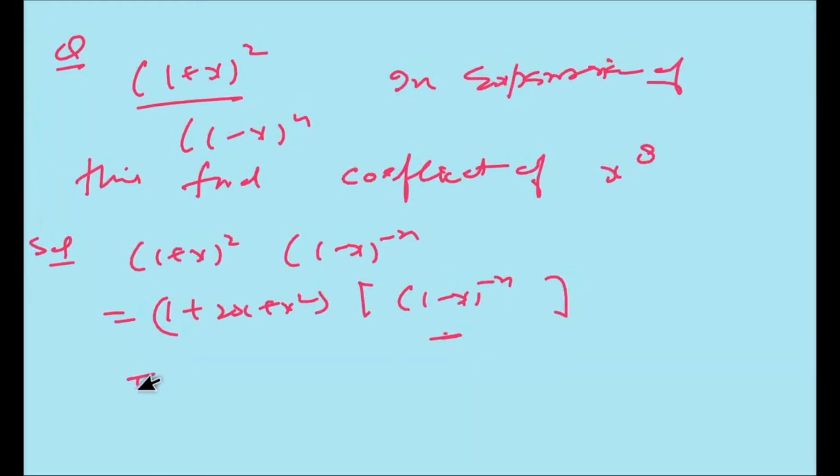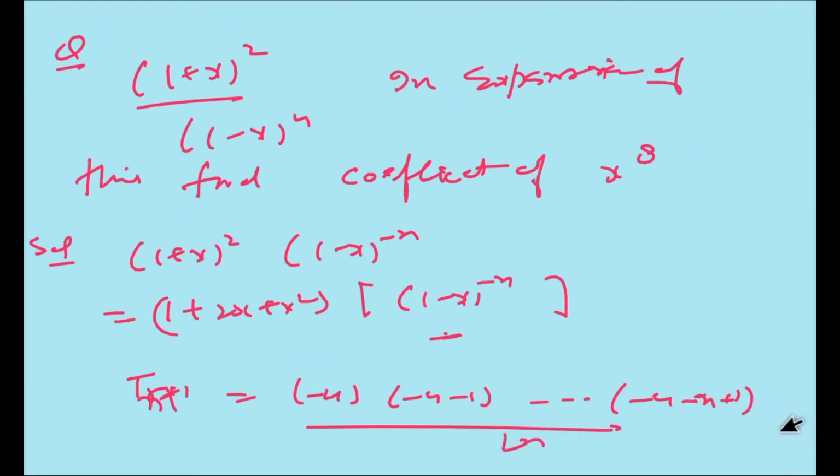So what will be the general term in this term? That is minus 4, minus 4 minus 1, dash dash dash, minus 4 minus n, let it be the n plus 1th term, then it is n plus 1 upon factorial n, and x to the power n.